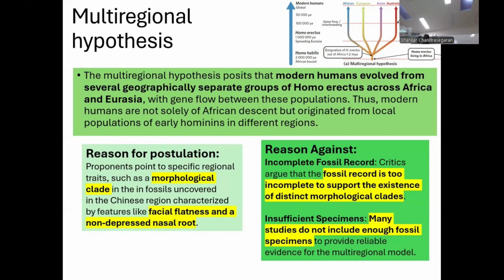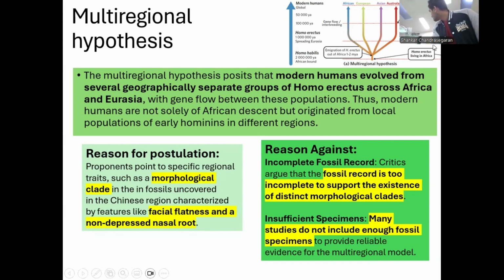So first of all, the multi-regional hypothesis posits that modern humans evolved from several geographically separate groups of Homo erectus across Africa and Eurasia when there was gene flow occurring with these populations. Thus, modern humans are not solely of African descent but originated from local populations of early hominins in different regions.